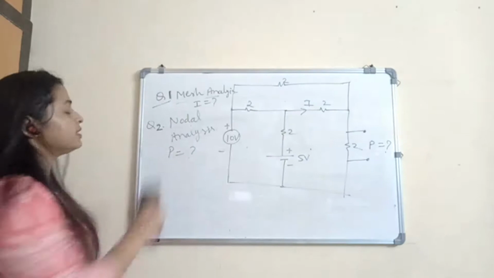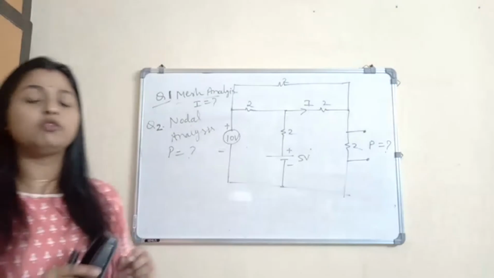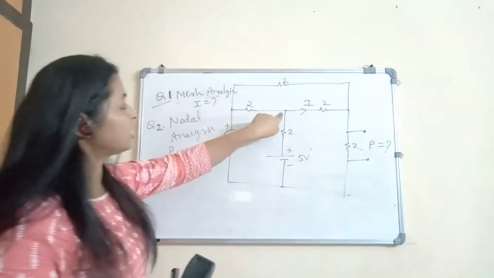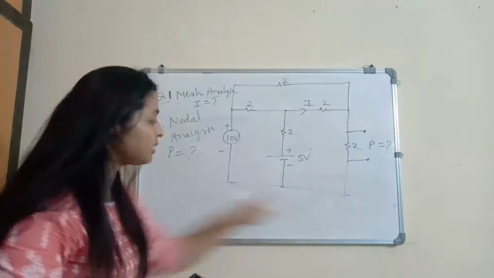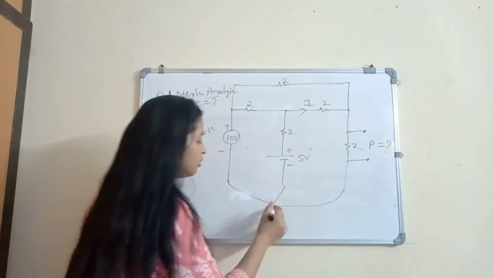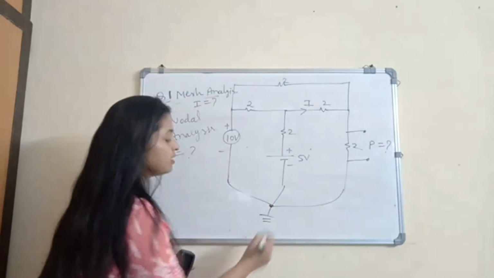Okay. Now nodal analysis says recognize the number of nodes in a circuit. This is also a node, 3 branches meeting here, here, and here. So I may take this as positive, there is no issue, and I may take it as negative.